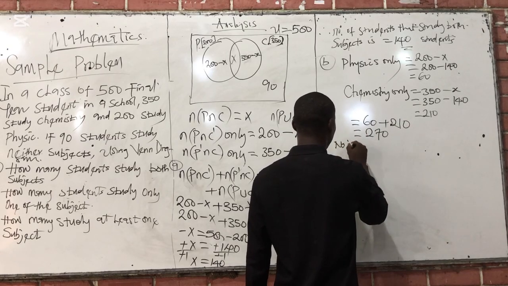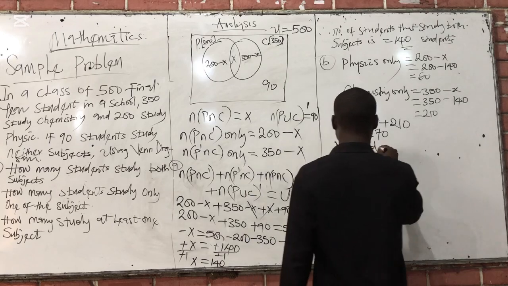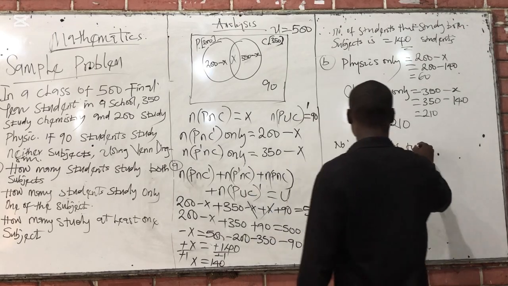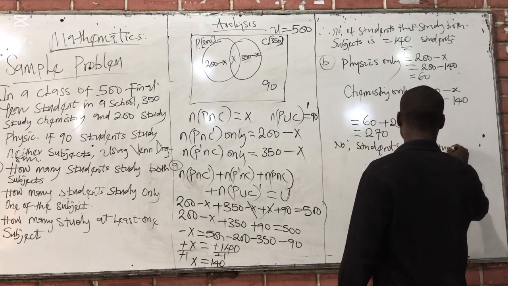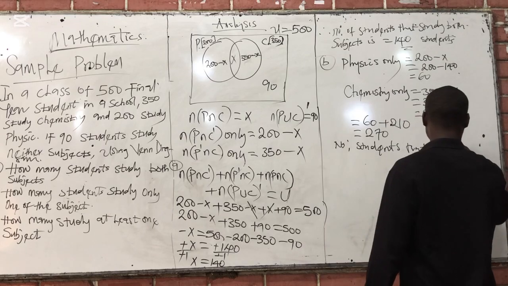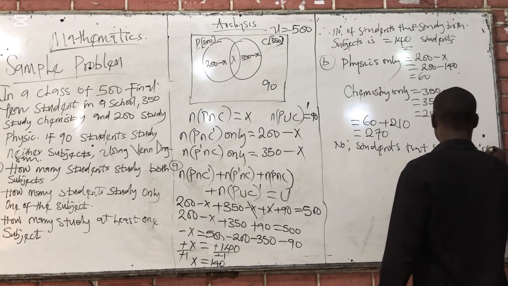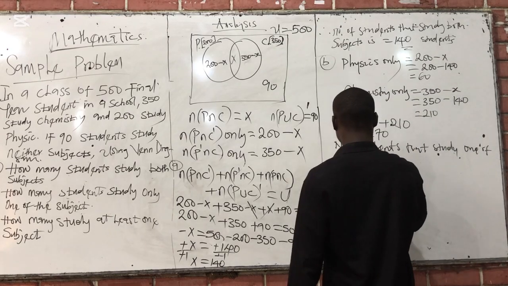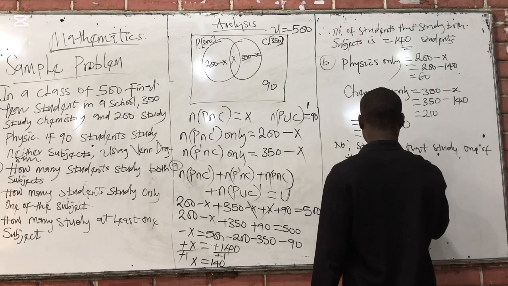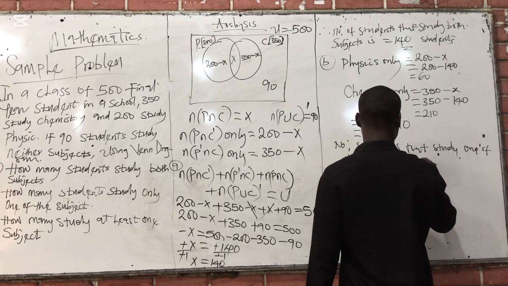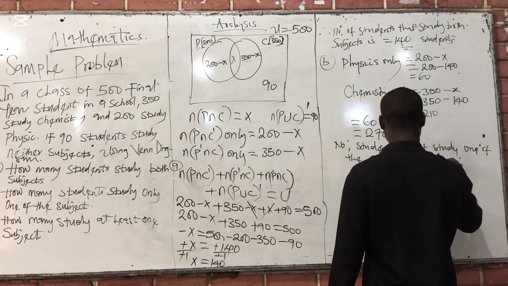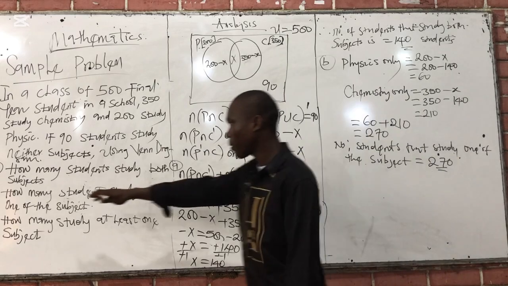So the number of students that studied one of the subjects is equal to 270, and that's the answer for B.